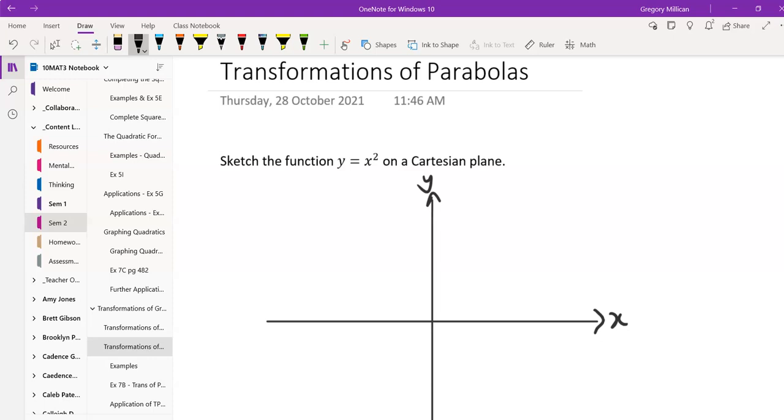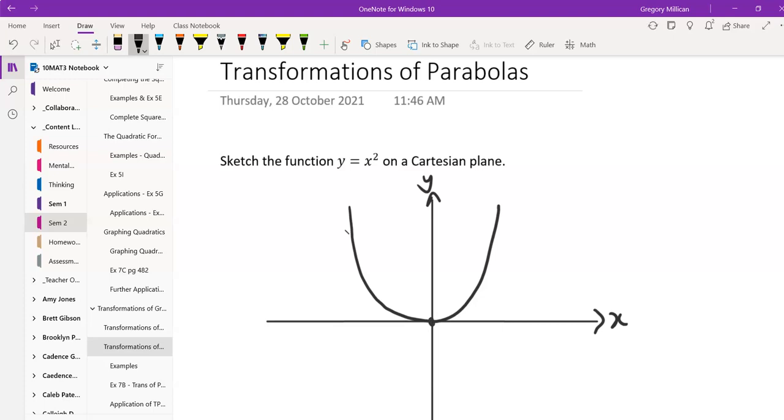Where's my intercept? Where's my turning point going to be? Any ideas? Where do you think the most basic possible parabola's turning point is going to be? The origin. Yep, both of you. So the turning point's at the origin. That's the most basic type there is. And so we're going to draw our parabola. And that's it. That's y equals x squared through the origin.